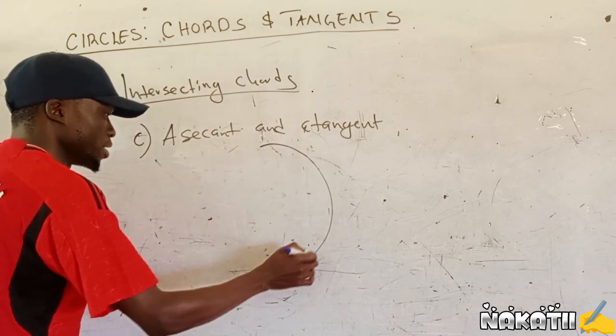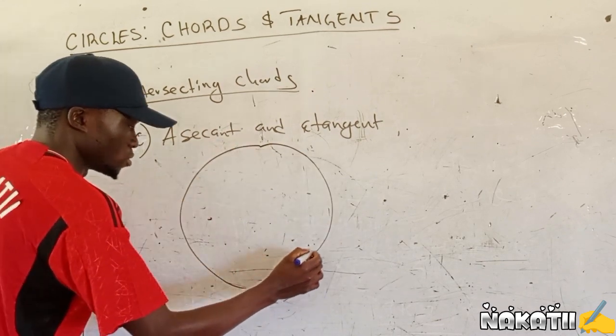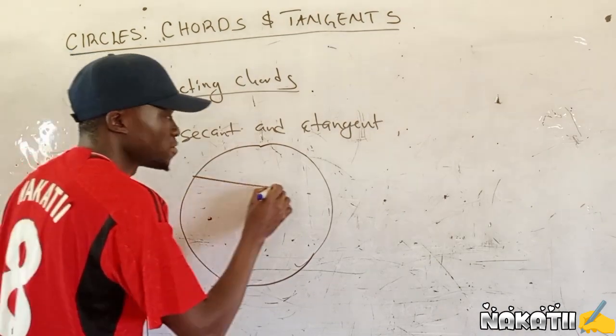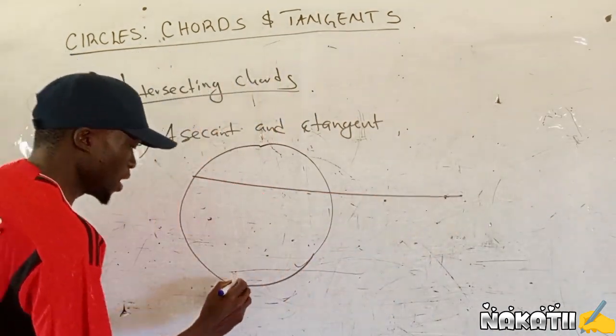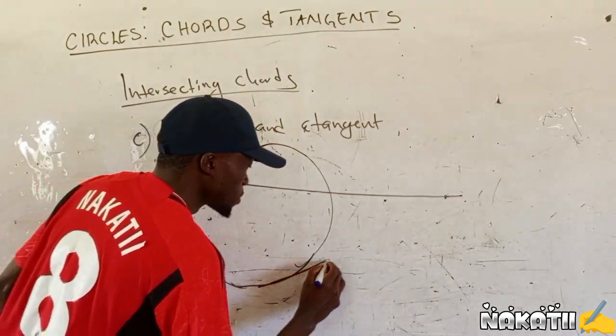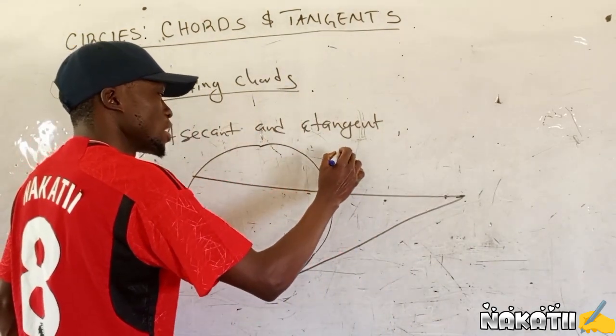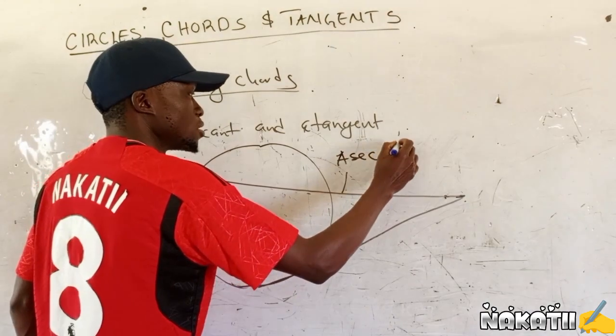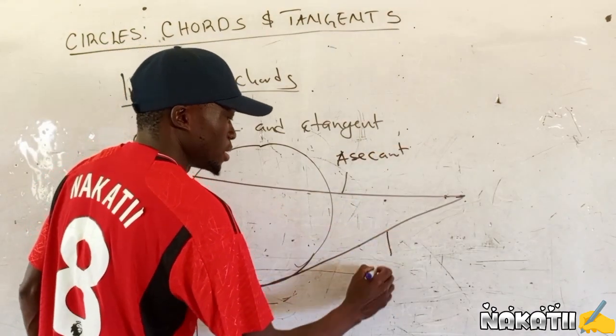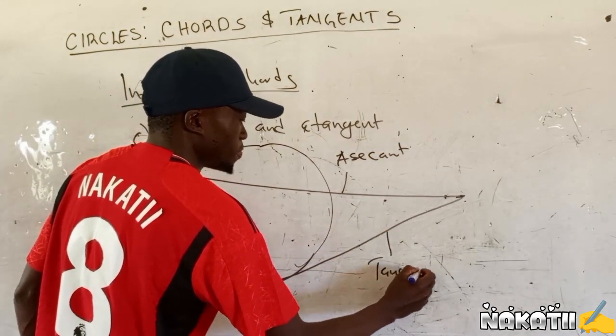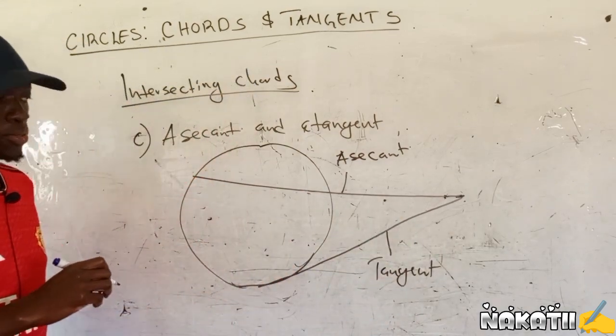Consider this circle here. If that is a line, and we have another one like this one, then this one here is called a secant, and this one here is a tangent, like that one.